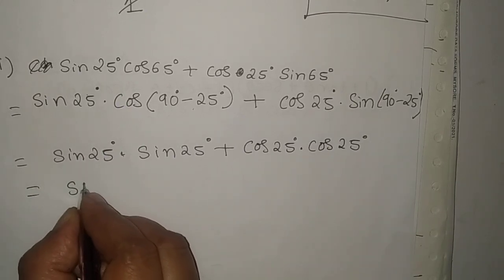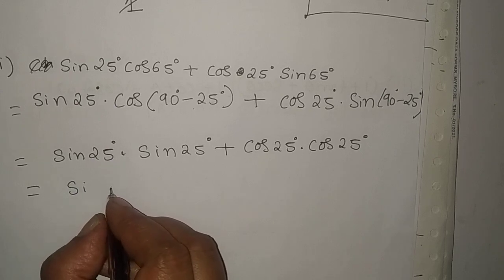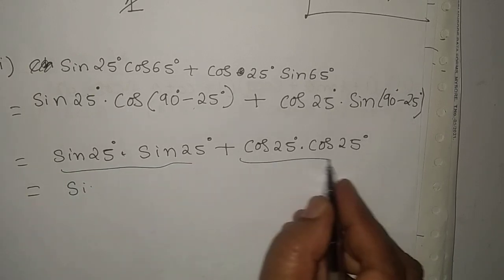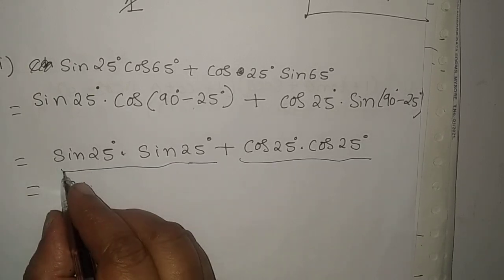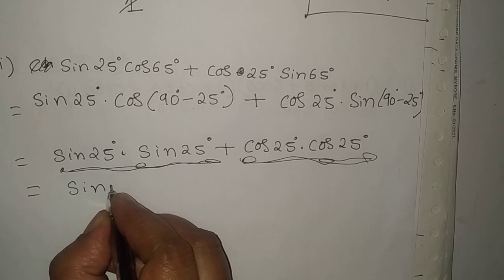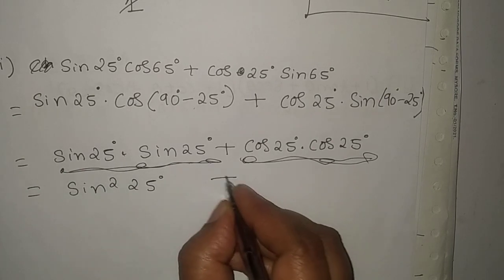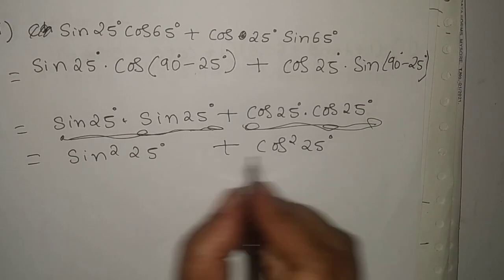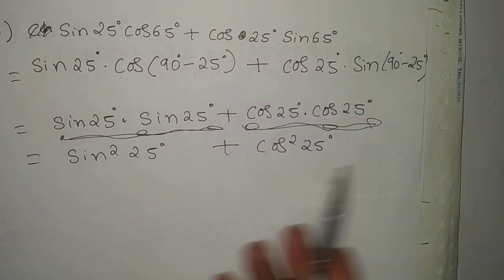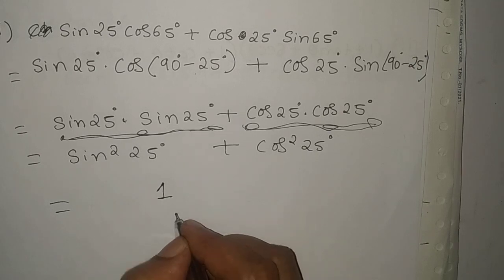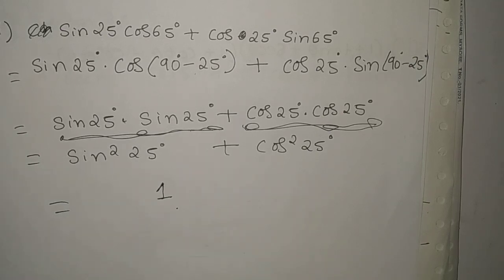This is equal to sin square 25 degrees plus cos square 25 degrees. Finally add these two. As we know, sin square theta plus cos square theta is equal to 1. So this is the solution for question 3, evaluating both.